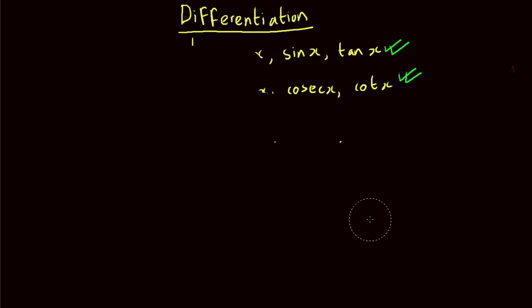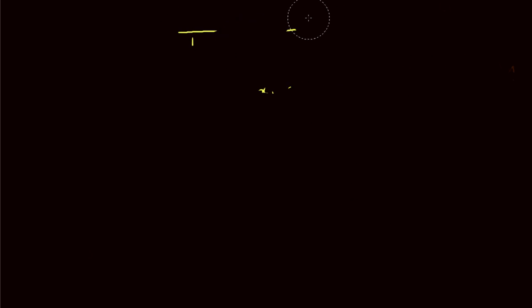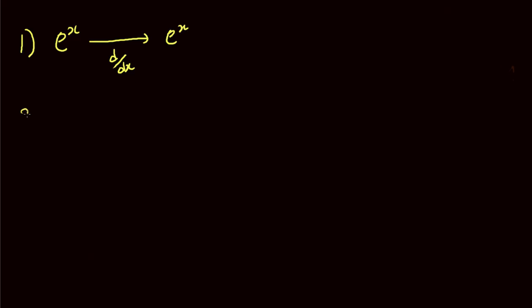So let's start with the exponential functions. When you differentiate an exponential function and find its derivative, we end up having the exponential function. When we are differentiating the natural log function, we take the derivative of it and we end up having just 1 over x.